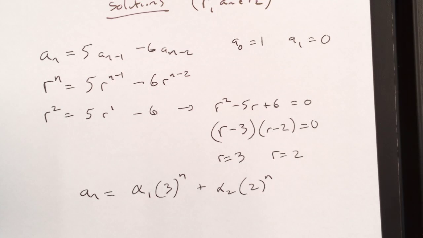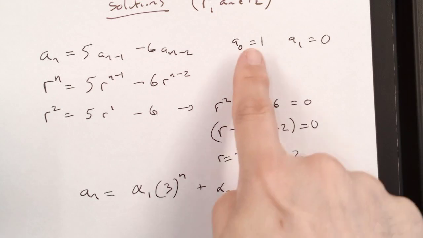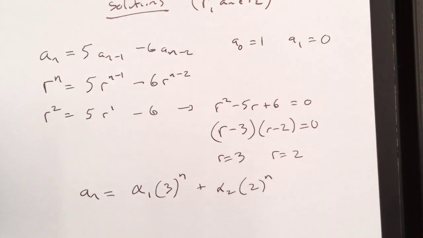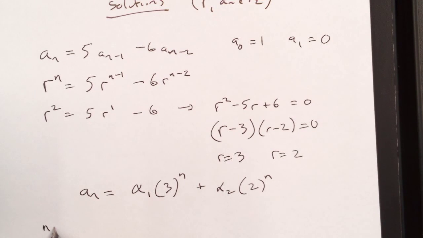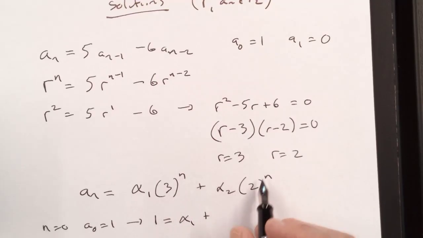Use those starting conditions we were given. If n is 0, I have A0 equals 1. That means I get A0 equals alpha 1 times 3 to the 0. That's just 1. Alpha 2 times 2 to the 0. That's just 1.